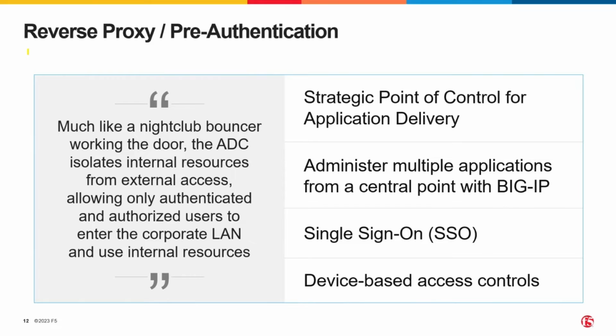Okay, so if we are afraid of publishing a web application because we are not sure that the authentication implementation within the application itself is secure enough, we can put that and give the possibility to authenticate users on BIG-IP, on Access Policy Manager, and then do single sign-on, because I don't want to cause a situation where the user will have to authenticate twice.